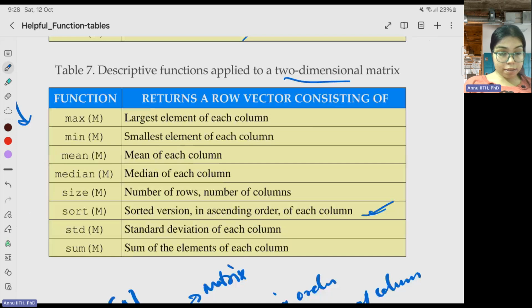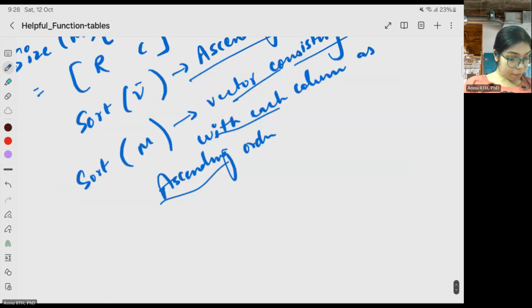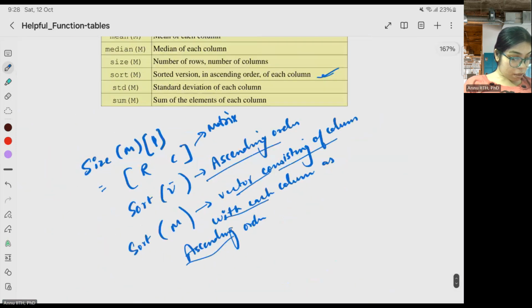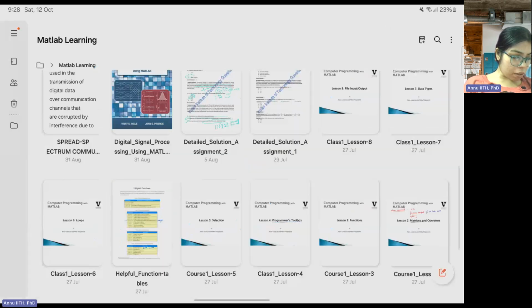These are not the same as for vectors, okay? There may be some questions on that.